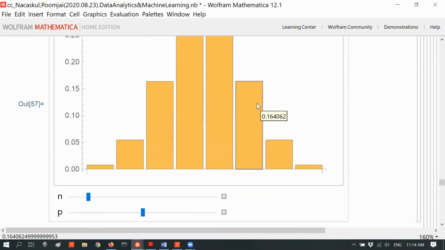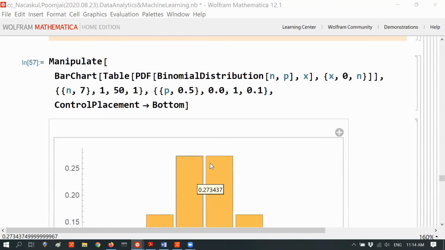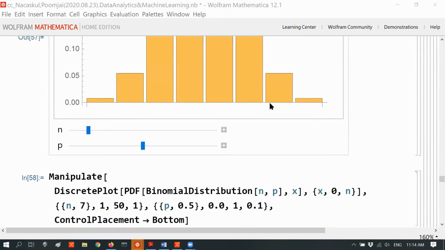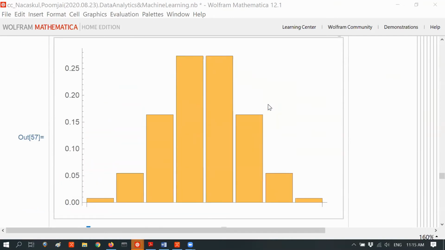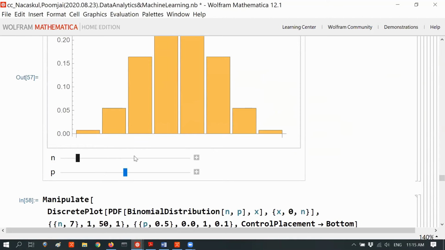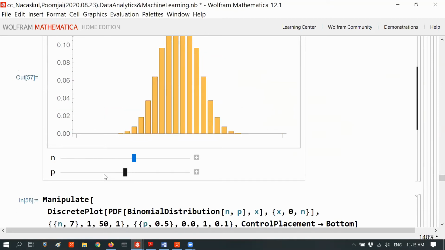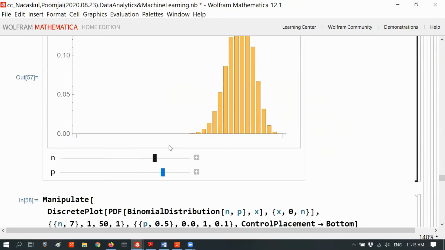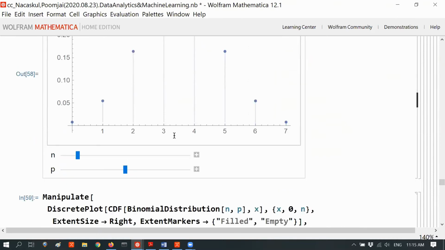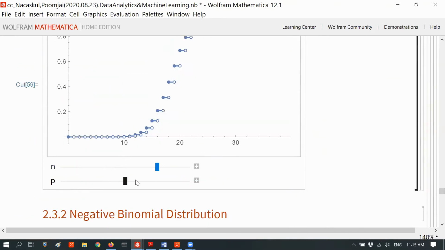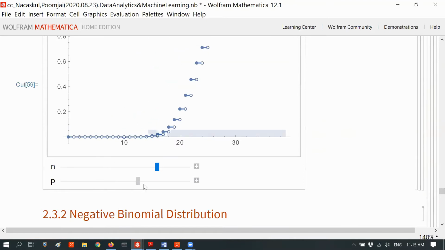Now, once again, I can do this, right? And I can put it inside manipulate, so I can play around with it. And basically I can do all kinds of stuff, right? I can move the P around, I can move the N around. Yeah, I can look at the cumulative version, and I can increase the N, increase the P, all kinds of stuff.